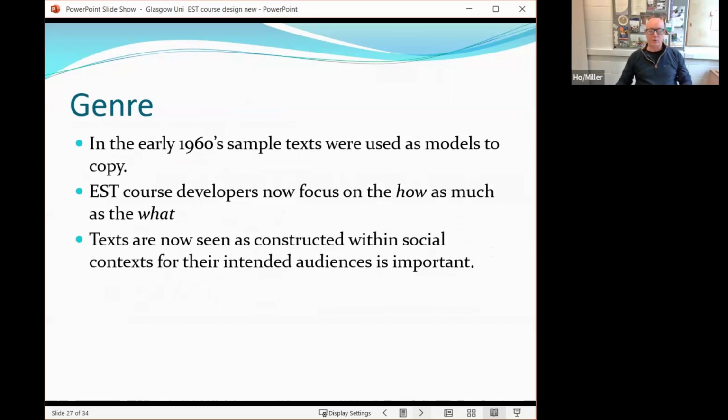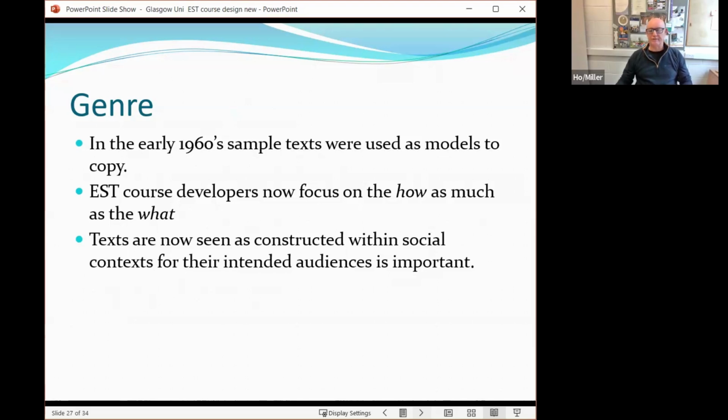Genre was one of the other dimensions. Again, this was very evident in some of the earlier texts in the 1960s, because basically what they were doing there was taking models from real life, for example, manuals, and showing them to the students and then saying, okay, this is the grammar here, let's see if we can reproduce it. So they were using genre as a model to help students learn language and learn specific language.